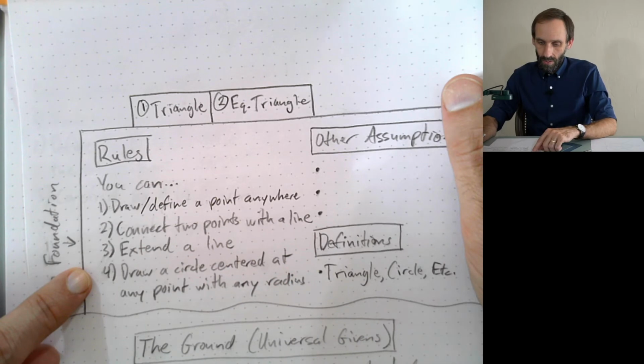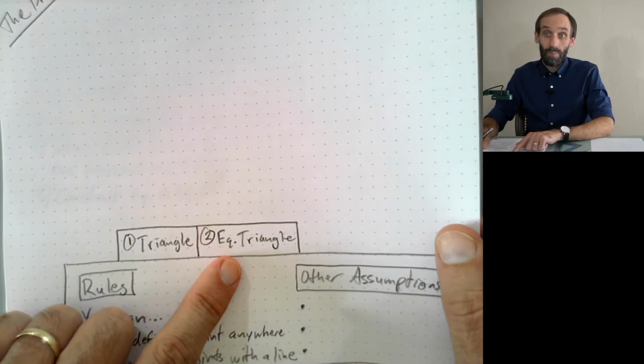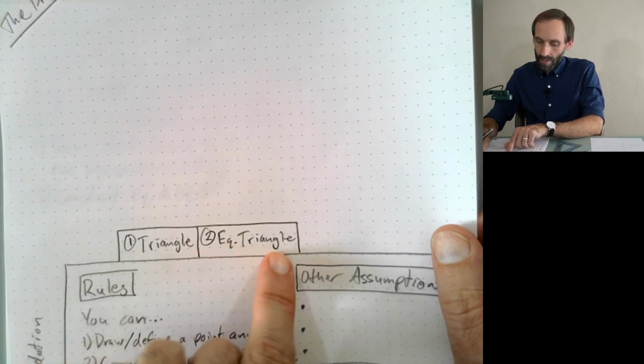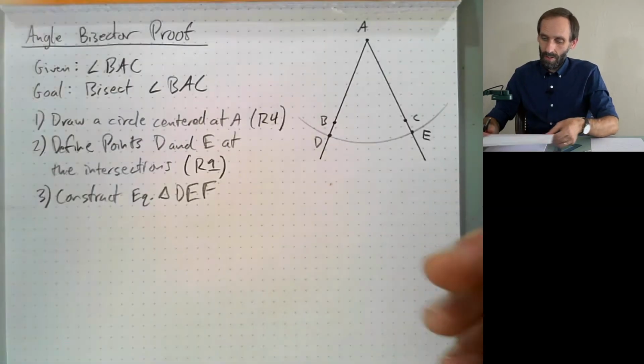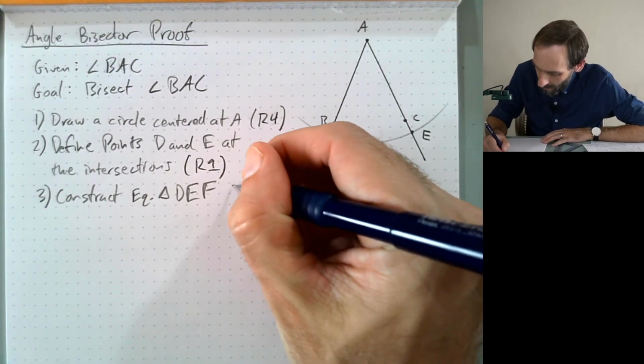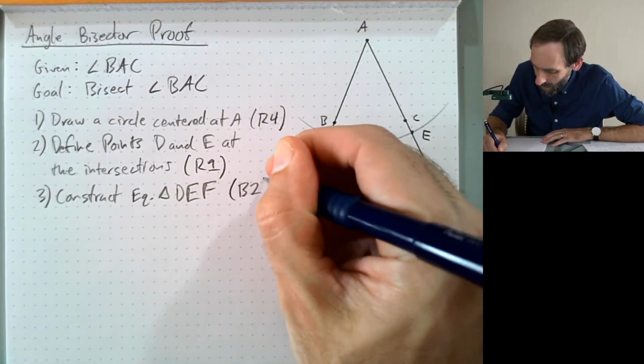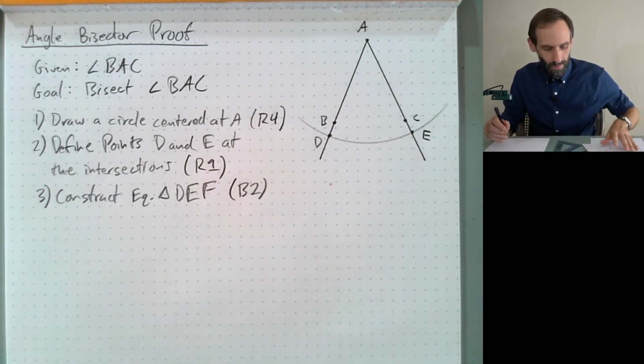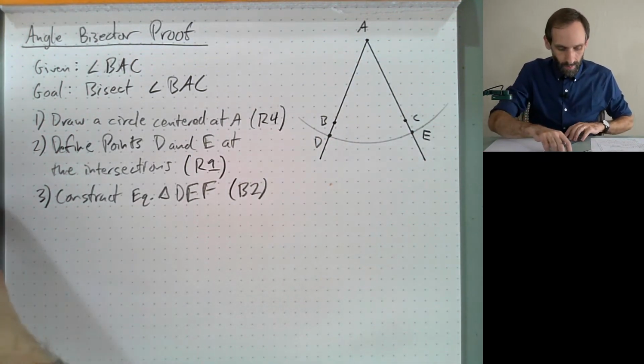Well, now I'm not justifying this based on the rules, I'm justifying it based on a brick. And it's this brick right here that I can construct an equilateral triangle. So I'm going to abbreviate that as B2, brick number 2. Let's go ahead and do it.